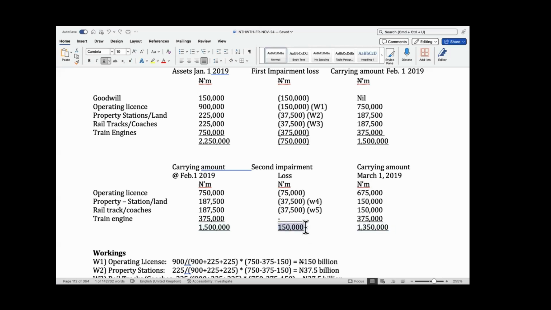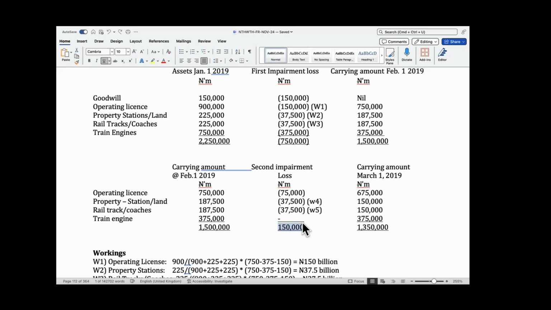So the impairment loss is 150 that we need to allocate to all of these assets in the CGU. In this case now, as at March, we do not have any damaged assets, and we do not have goodwill. That means that this 150 should be allocated to all of these assets on a pro rata basis.